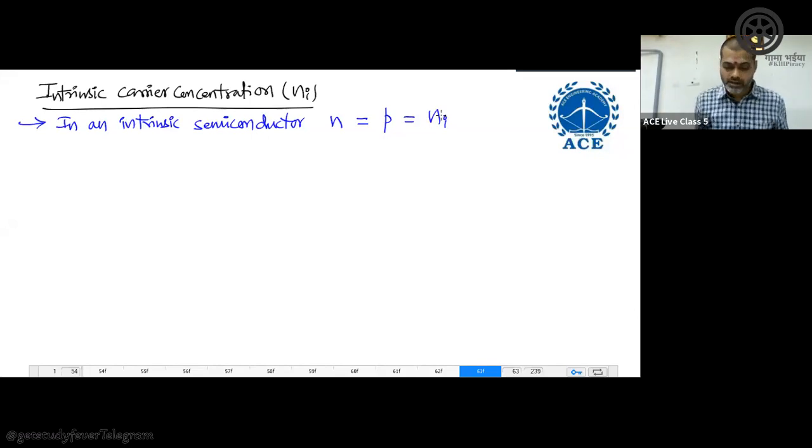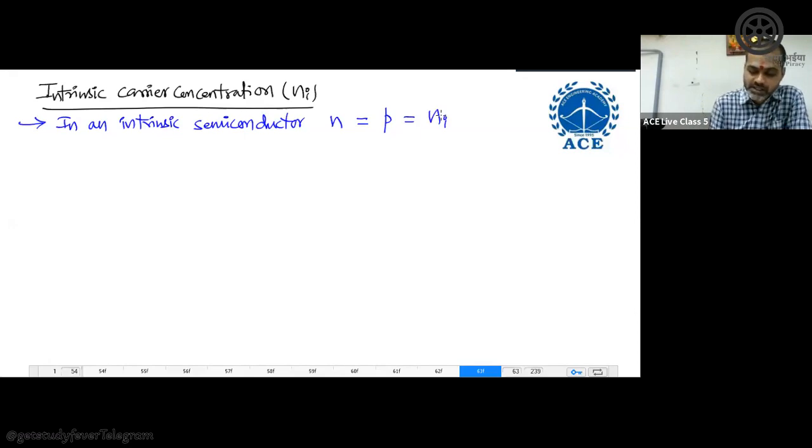Now we know the expressions for N and P. We can substitute into these N and P, and we can calculate some important relations. Okay, so try to concentrate. We'll see one by one.